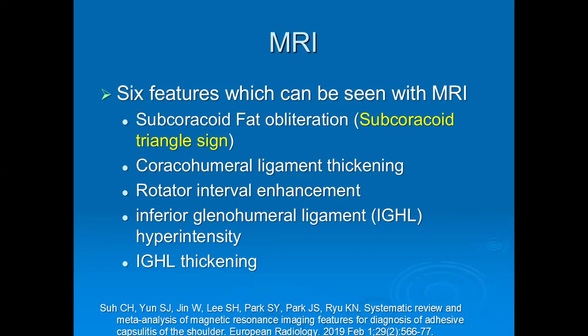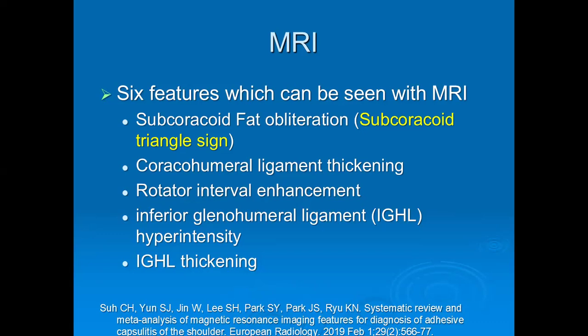What are the six characteristics which can be seen with the MRI in a patient with adhesive capsulitis? The most common of them is the subcoracoid fat obliteration, which we call the subcoracoid triangle sign. We discussed it in detail in the previous session.